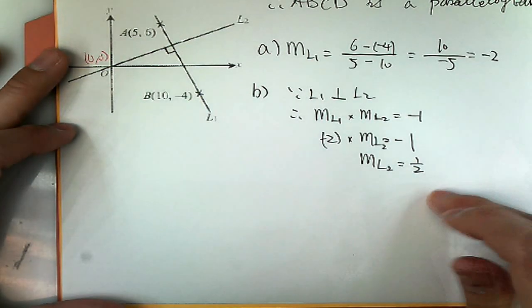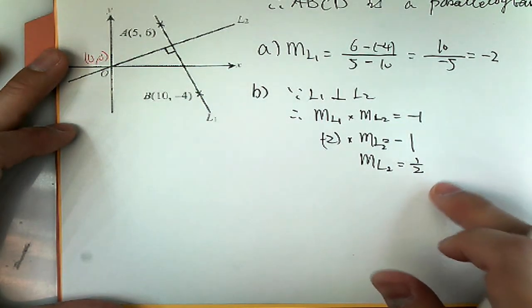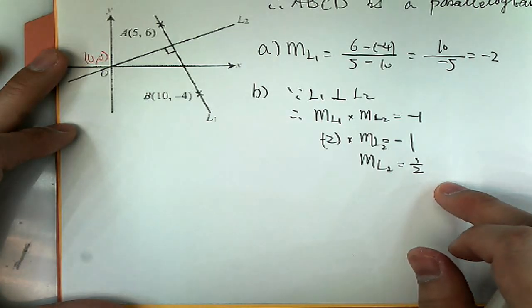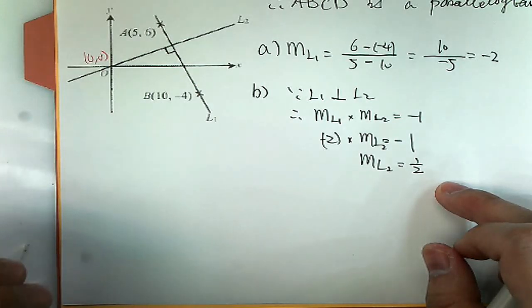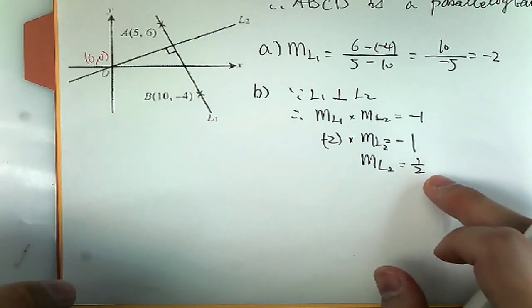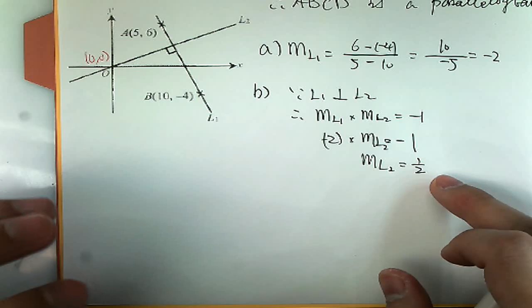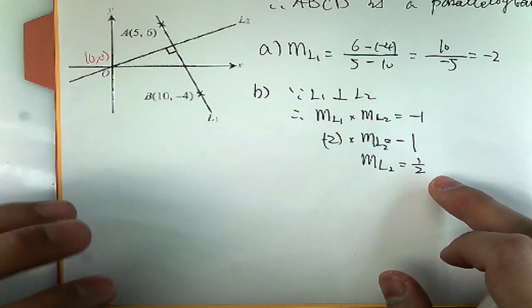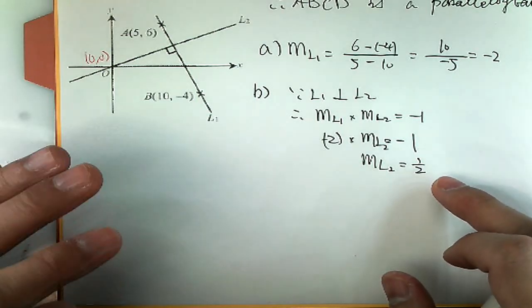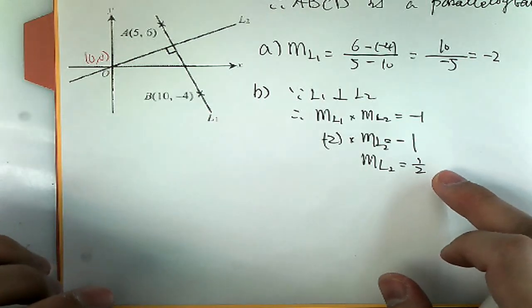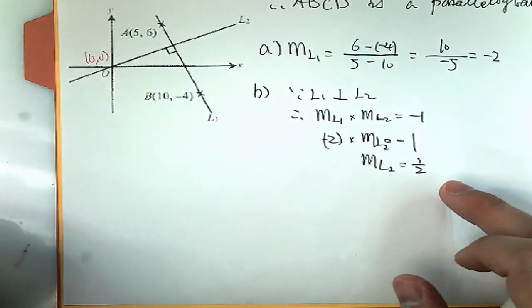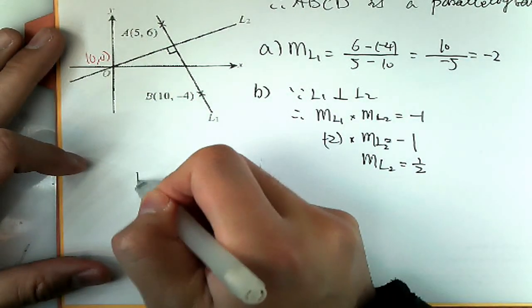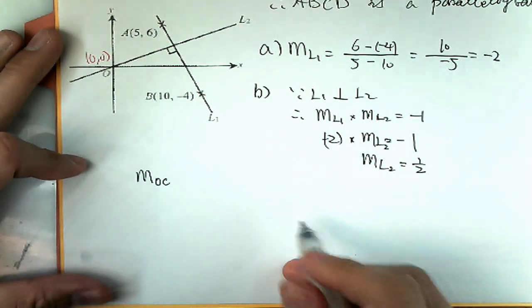So this is always correct, understand? Then you can calculate the slope of CO to check whether it equals 1 over 2. If the slope of CO equals 1 over 2, then the point C must be on L2, understand? So you check.